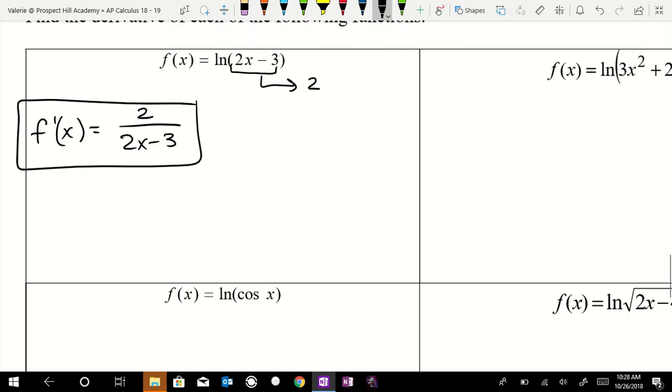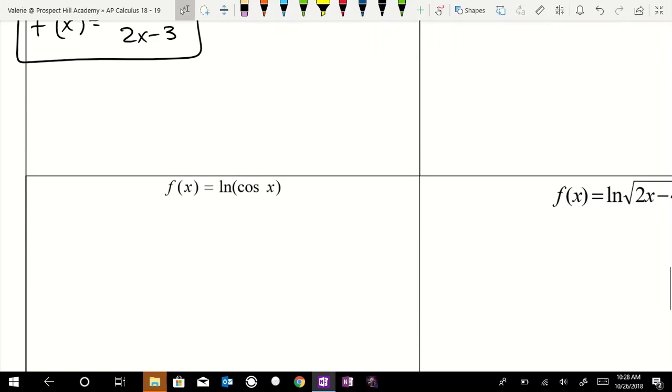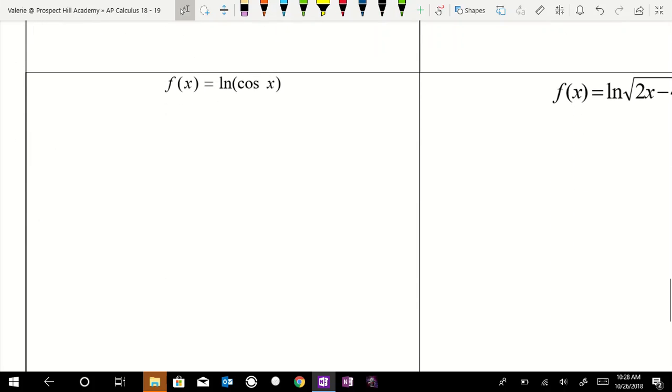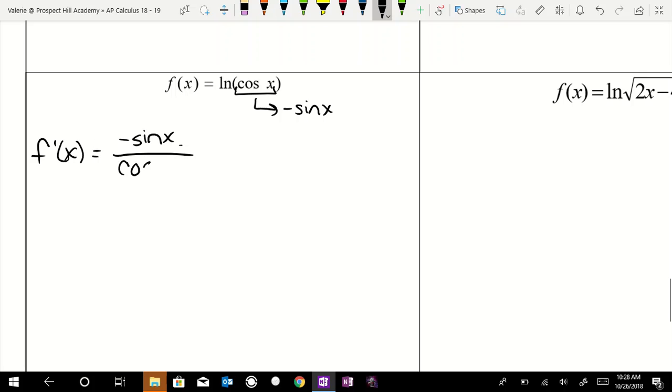Right, and then down at the bottom, we have f of x is equal to ln of cosine x. Cosine x is the inside, the derivative of cosine x is negative sine x. So the derivative of this function is equal to the derivative, which was negative sine x, all over the original, which is just cosine x. And sine over cosine, we know is tangent, so negative tangent x is our final answer.